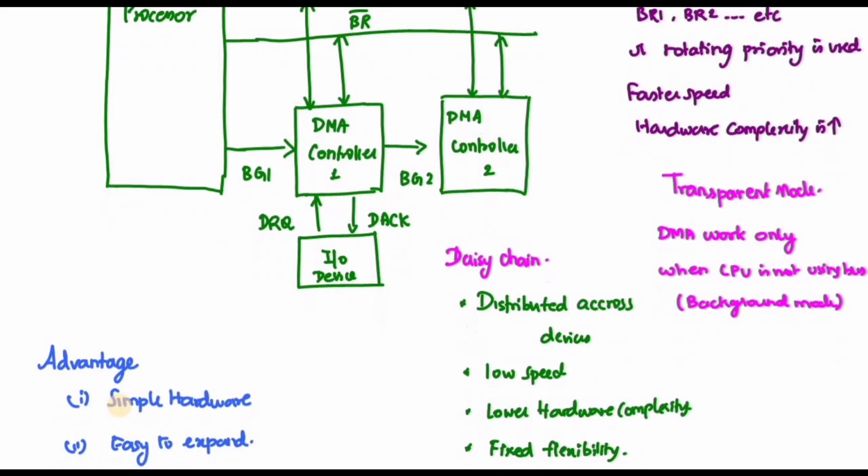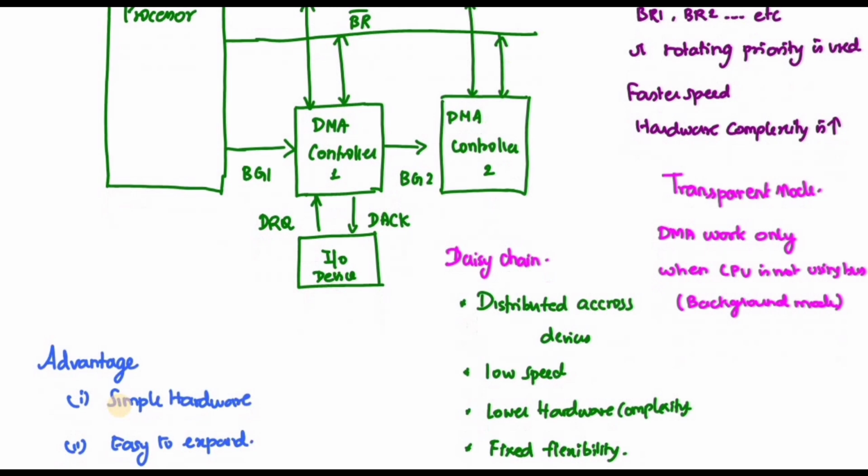This signal is connected to all the DMA controllers with the help of this daisy chain arrangement. Whenever the first DMA controller is requesting the bus, it will block the propagation of the grant signal to all other devices.